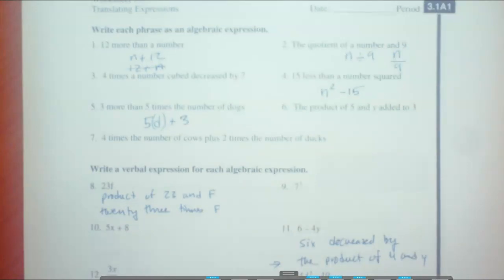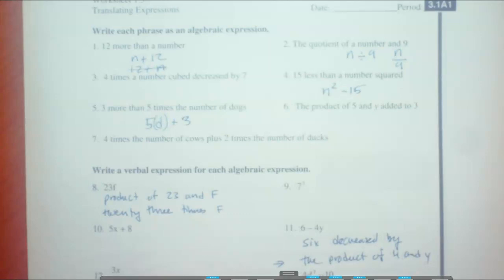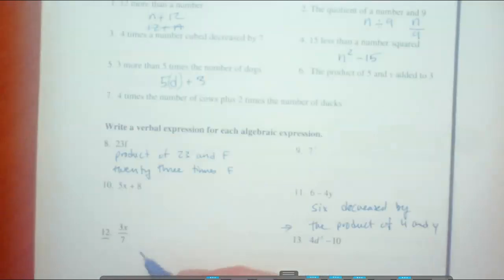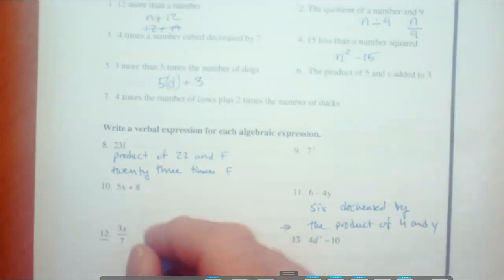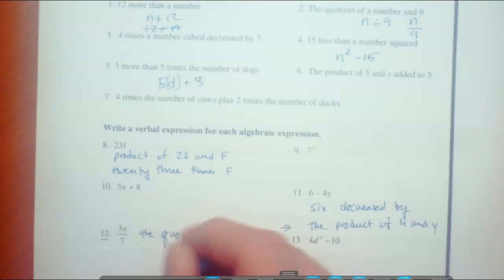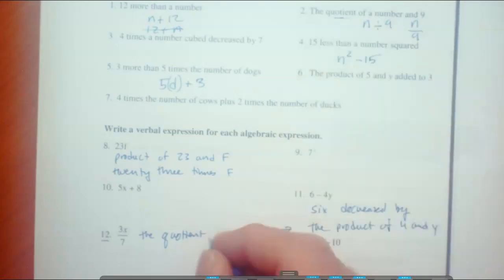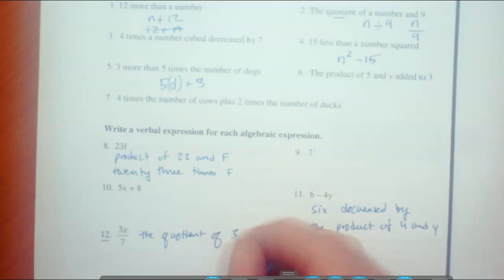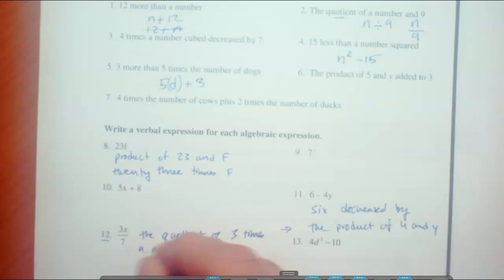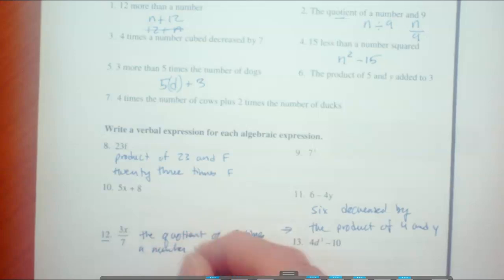I'll take and do one more here. Number 12 looks kind of tough. So you could write this as the quotient, quotient means division, quotient of 3 times a number x and 7.